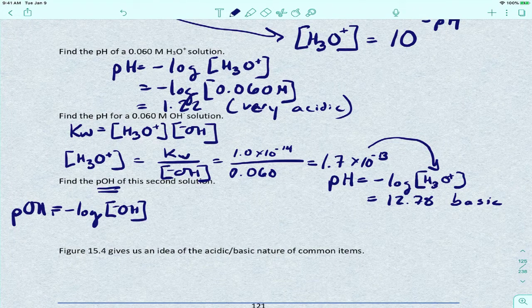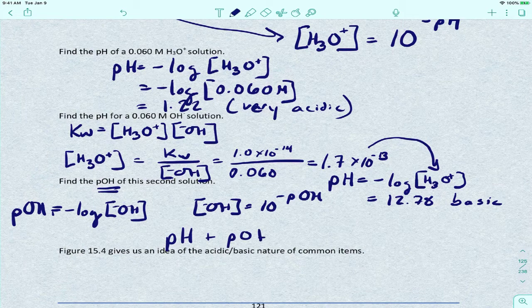And if you need to find the concentration of hydroxide ion, that would be 10 raised to the negative pOH. Now, there is a relationship between pH and pOH. If you take pH and add the pOH to it, these two values must add up to 14. So everything's all related to each other.